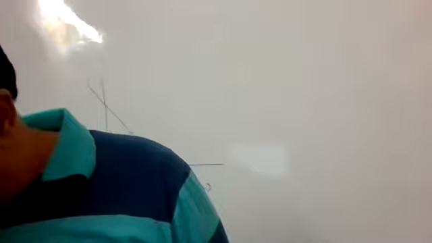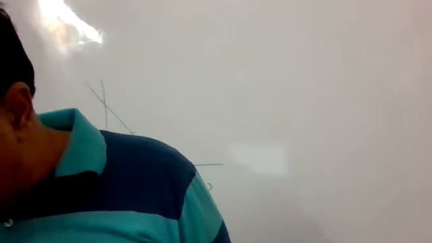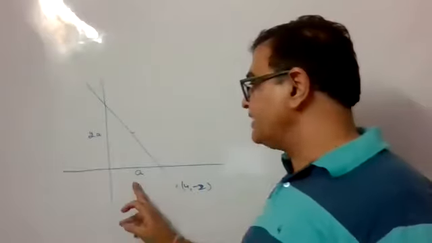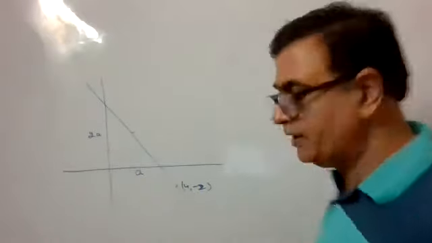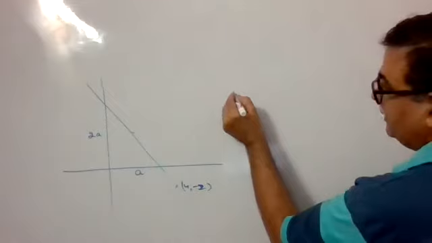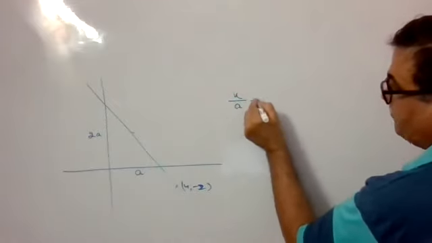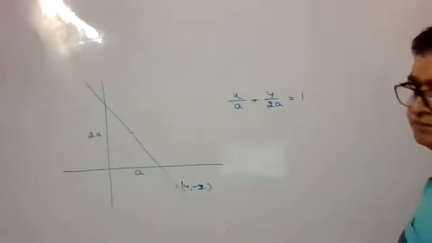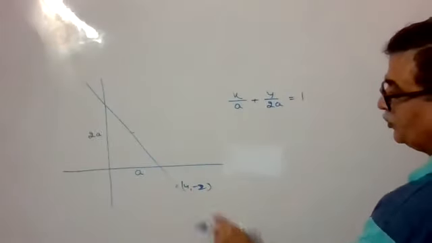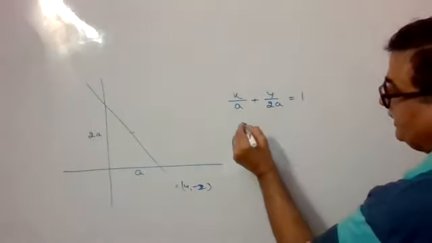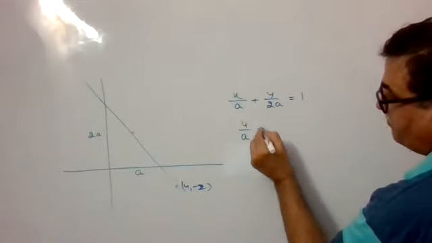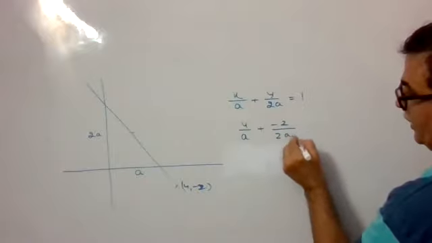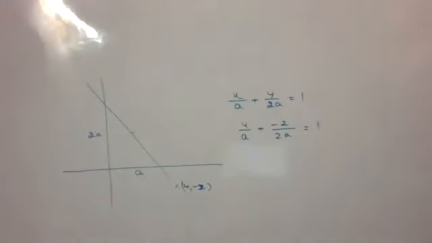Question says intercept on y is twice on x axis. ठीक है, y का intercept double है as compared to a. So we will have the equation x by a plus y by 2a comes out to be 1. And it is passing through 4 comma minus 2, so 4 by a plus minus 2 by 2a comes out to be 1.